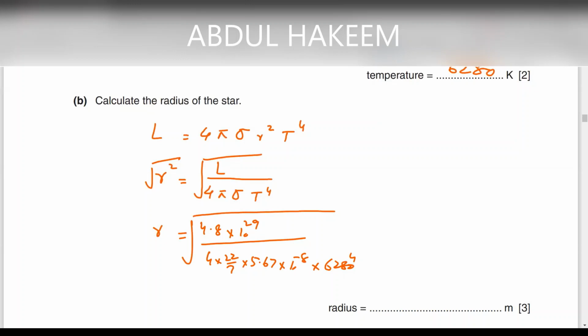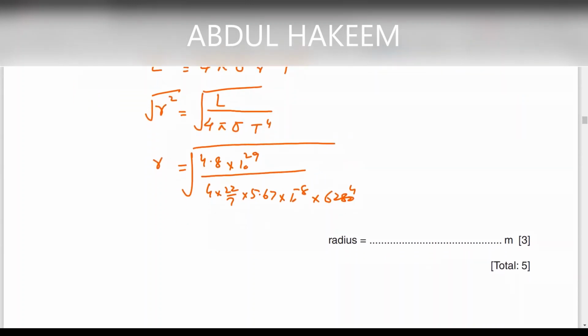So let me calculate. Approximately this is coming 2.08 into 10 power 10 meter. So this is the radius of the star.